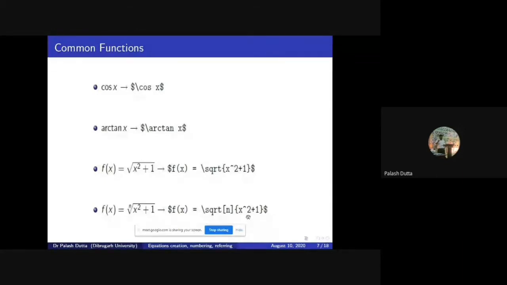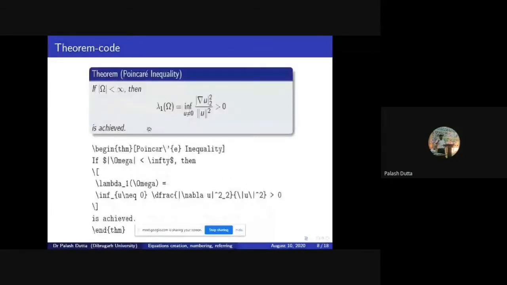Similarly, we can create this theorem by writing begin theorem, end theorem, say Poincaré inequality. For Poincaré, you can see there is a mark on the e. To obtain this symbol we have to write it this way, and then inequality, and it will come out automatically as Poincaré inequality.